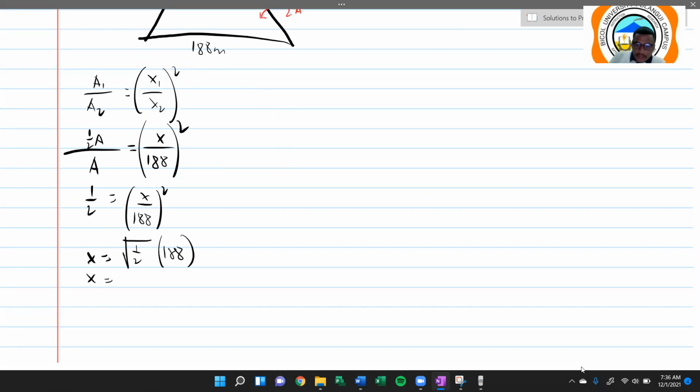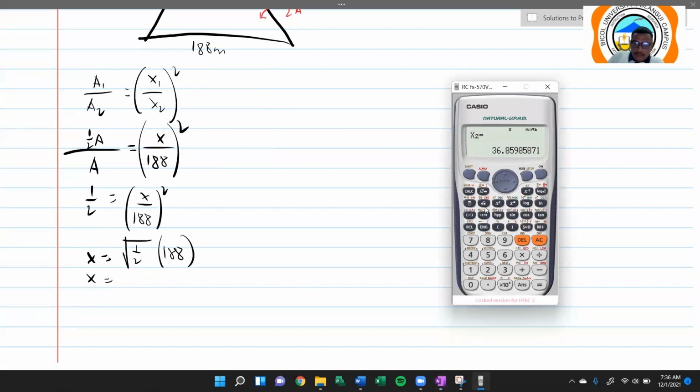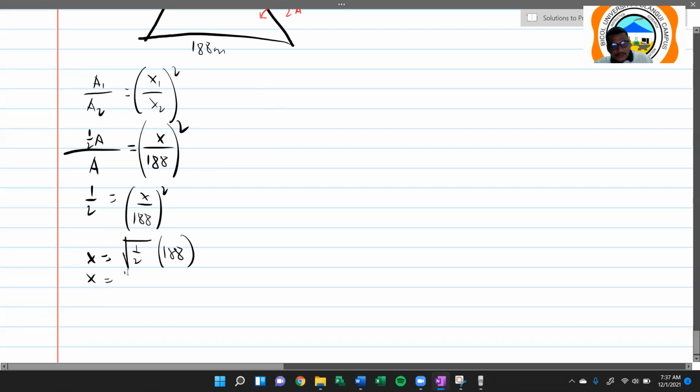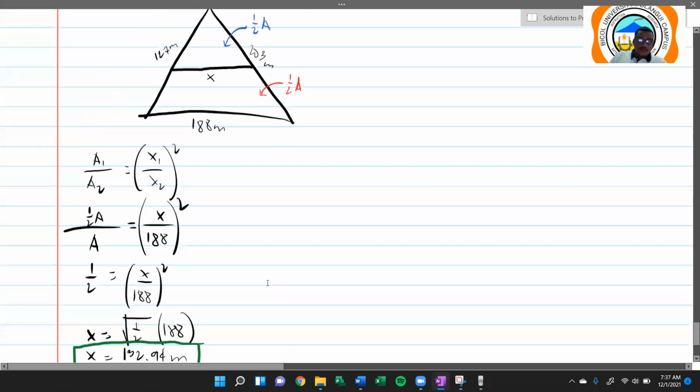Going back to mode 1, square root of 0.5 times 188 is 132.94. So x is equal to 132.94 meters. This is the value we are looking for.